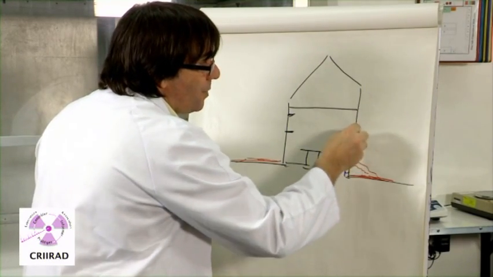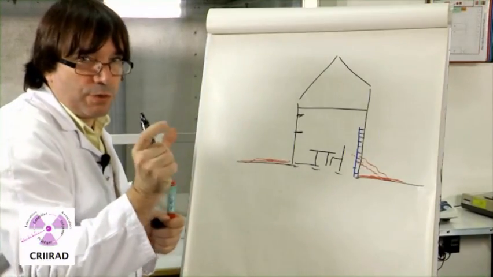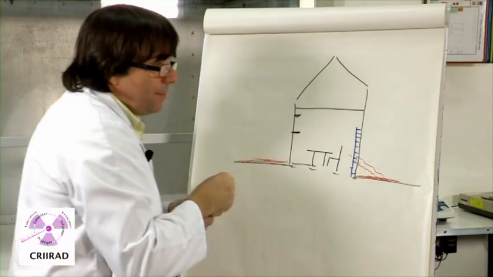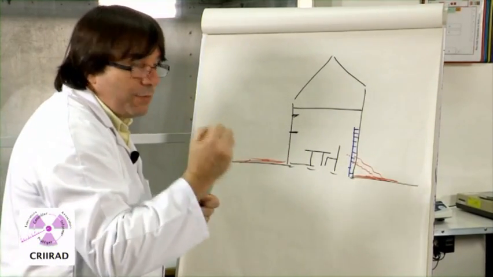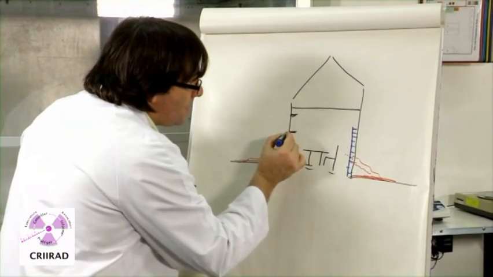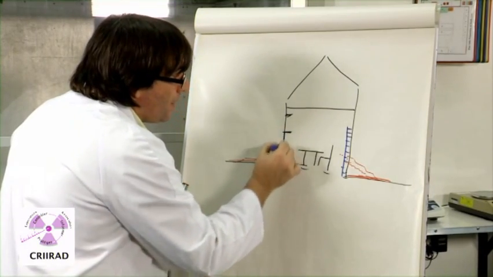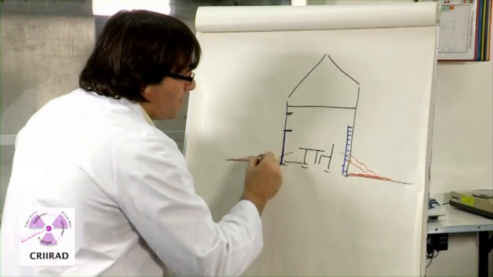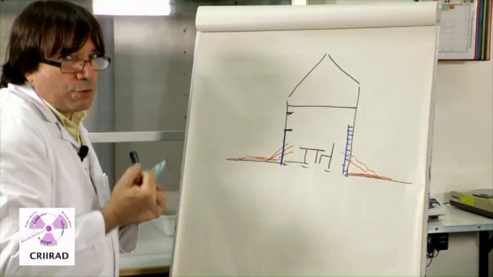If your walls are made of strong concrete, it will stop or partly stop radiation more efficiently than if it's made of a thin wooden wall. In this case, radiation will enter more strongly.